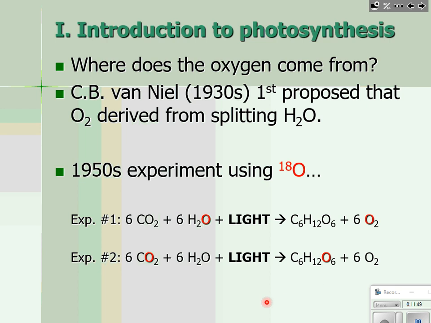And of course, it left a lot of unanswered questions that would eventually be answered in the 1960s by a man named Dr. Melvin Calvin. The second half of the photosynthesis reaction is named after him. It's called the Calvin cycle because he is the person who figured out all of the steps of that process. So we'll get to that eventually.